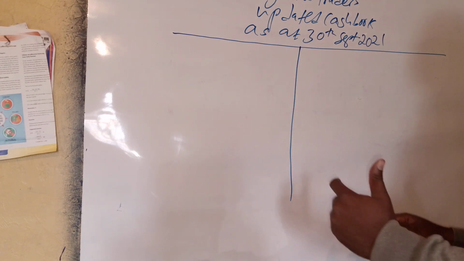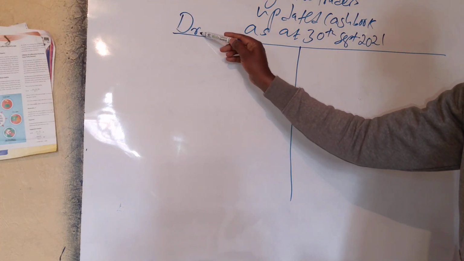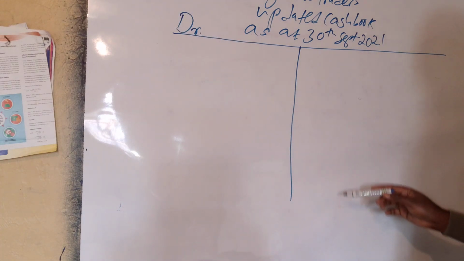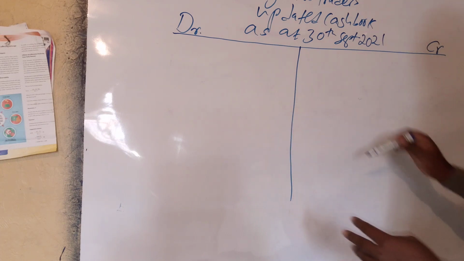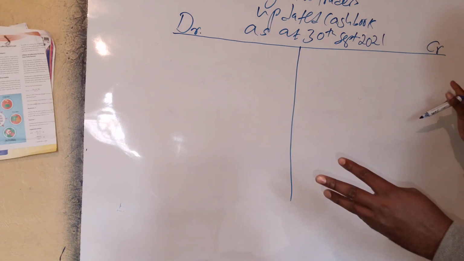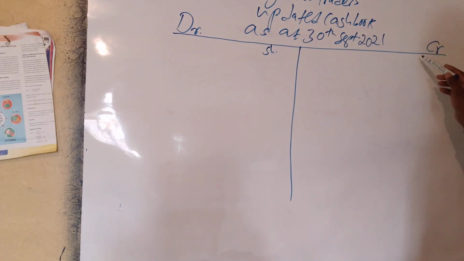Remember, the left side of the account is known as debit, so here we write DR, meaning debit. The right side is called credit. Here we put the currency denomination. We are using shillings.